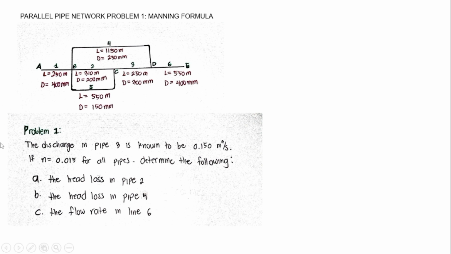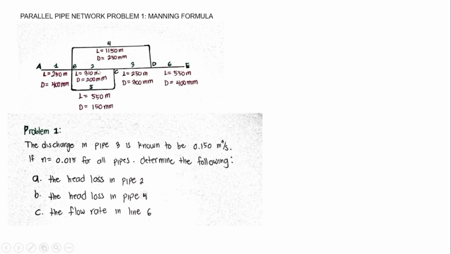Since we're given the discharge in pipe 3, we can solve for the head loss in pipe 3. In order for us to solve for the head loss in pipe 2, since pipe 2 and pipe 5 are parallel, the head loss in pipe 2 and pipe 5 is equal.